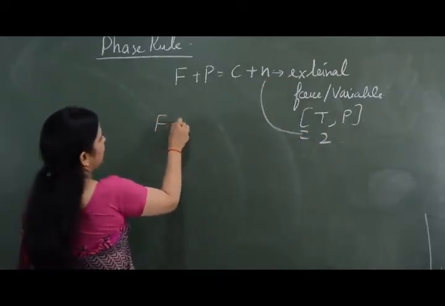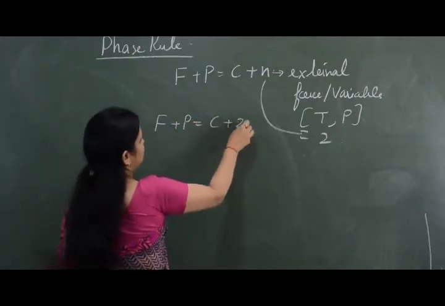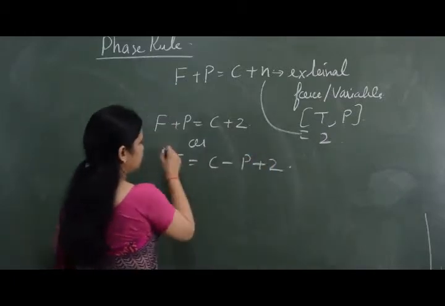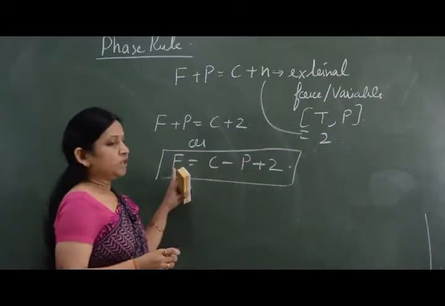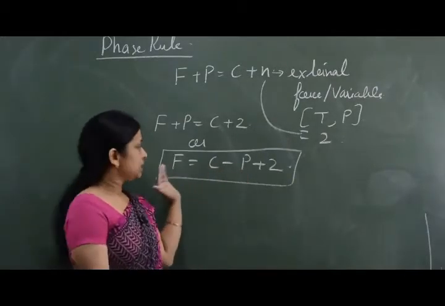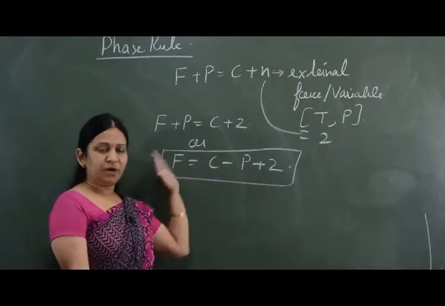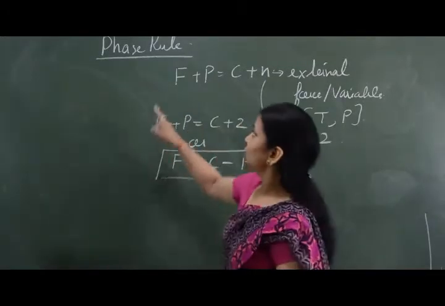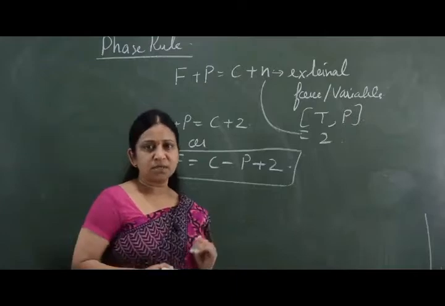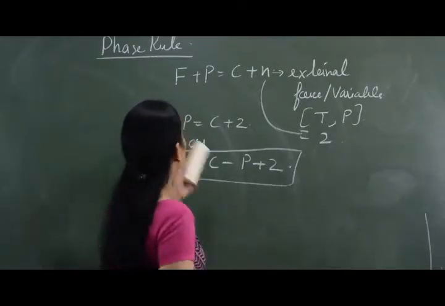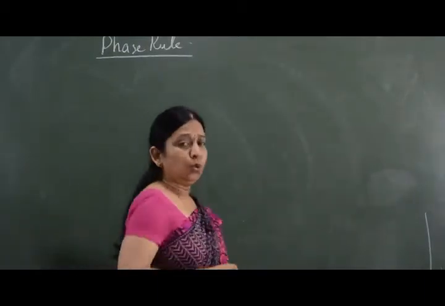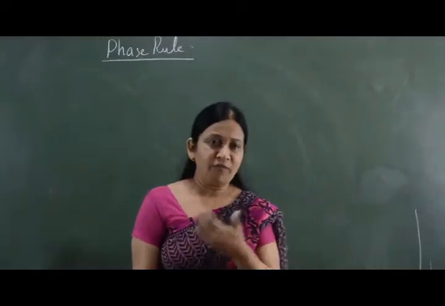So the phase rule is F plus P is equal to C plus 2, and normally we write it as F is equal to C minus P plus 2. F is degree of freedom, C is component, and P is phase. They are related by an equation, and this is known as phase rule. Now this has come after a derivation, but we are not going to discuss the derivation as it is not included in the syllabus. So by this phase rule we can calculate the degree of freedom of various systems.